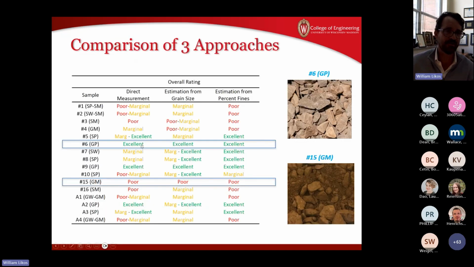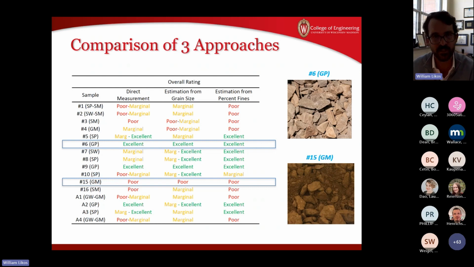If we compare all three, the three columns here now are ratings based on direct measurement, ratings based on grain size, and ratings based on percent fines. We see fairly consistent classifications according to the three. If anything, the estimate from percent fines is a little bit conservative. In other words, we would rate a material as more poorly draining than direct measurement.